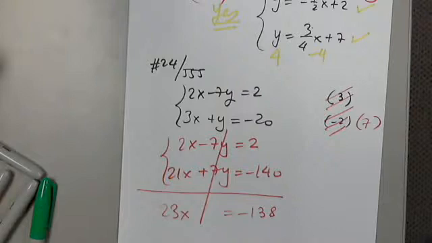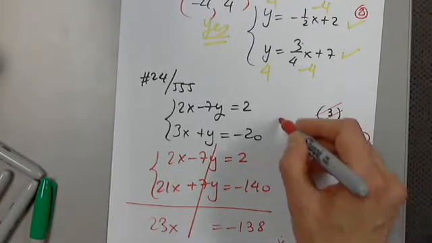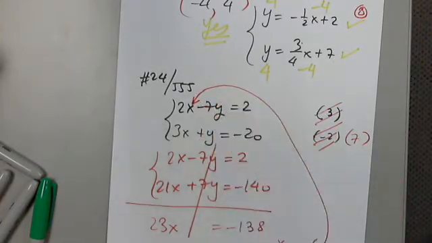Now what happens is, exactly, so x equals negative 6. Yes. So is this good? Yes, it's awesome, but it's not good enough. I have to go back to any of the equations. It doesn't matter which one you pick, but I have to go back to one or the other to determine y.